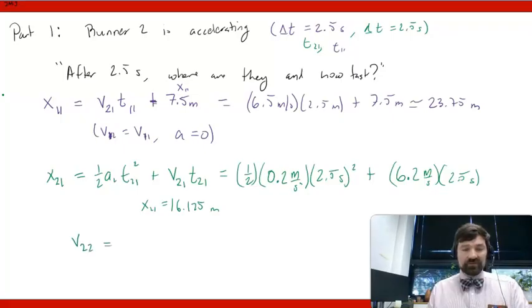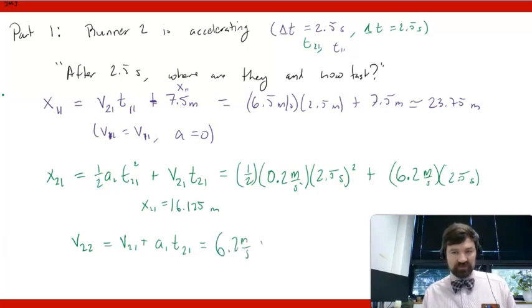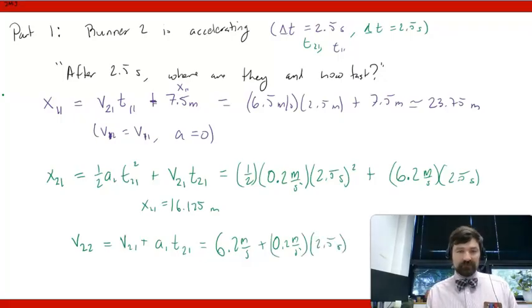v22 needs to be v21 plus a2 t21. So that is 6.2 meters per second plus the acceleration, 0.2 meters per second squared, times 2.5 seconds. So v22 is 6.7 meters per second.